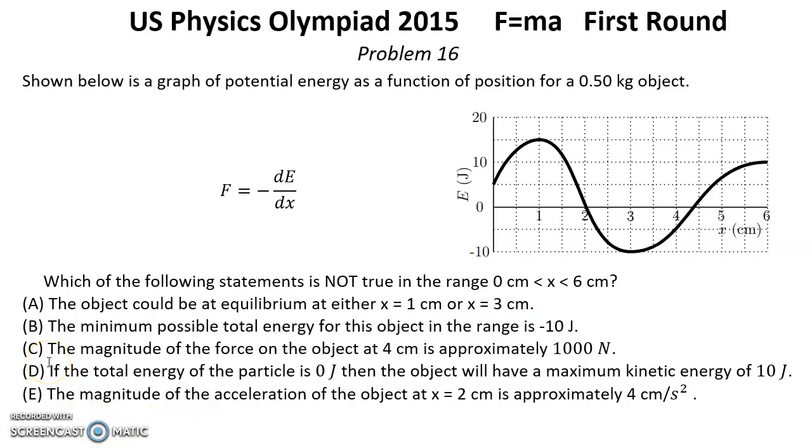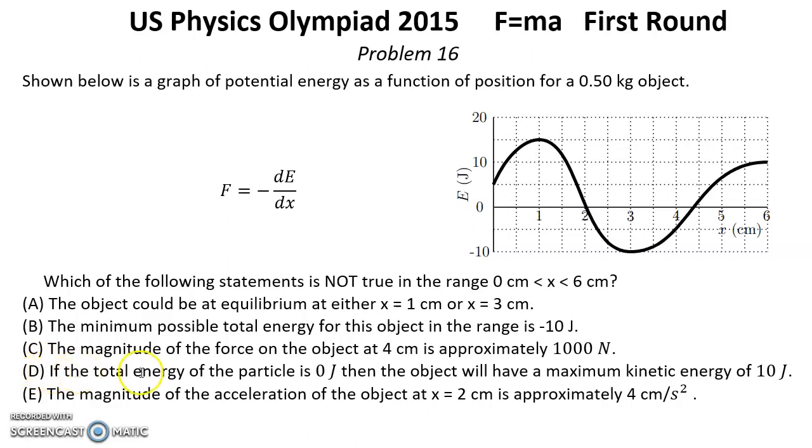C. The magnitude of the force on the object at 4 centimeters is approximately 1000 newtons. Let's check. Here the slope is 10 divided by 1 centimeter, which is 0.01 meter, and the slope is 1000, which is true. So it means that C is not correct.